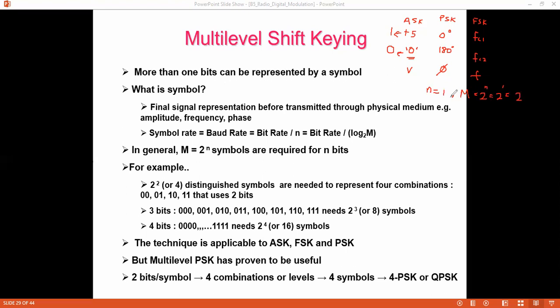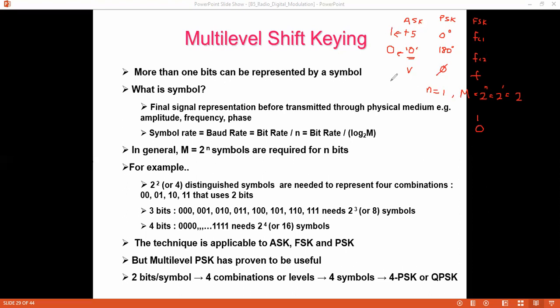So here m is equal to 2, meaning we use 2 symbols to represent two possible bits, or two total possible bits that can be represented, like this one, 0 and 1. Okay, so bit 0 and bit 1. So these two conditions need to be represented by using 2 symbols.